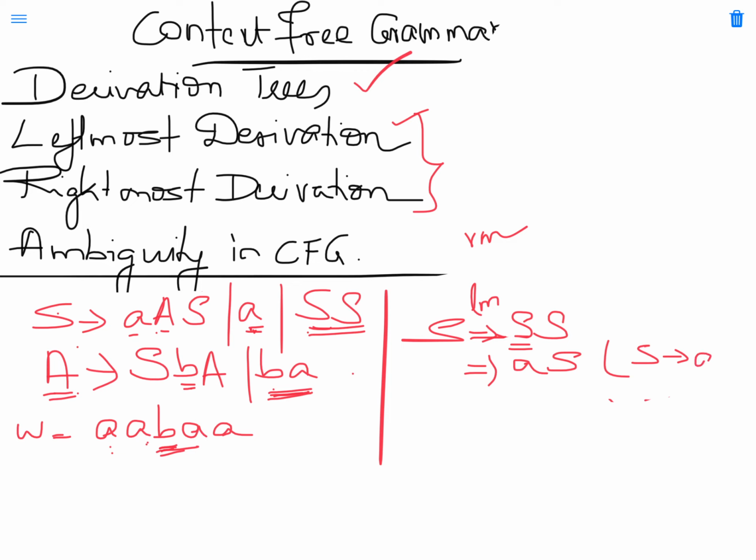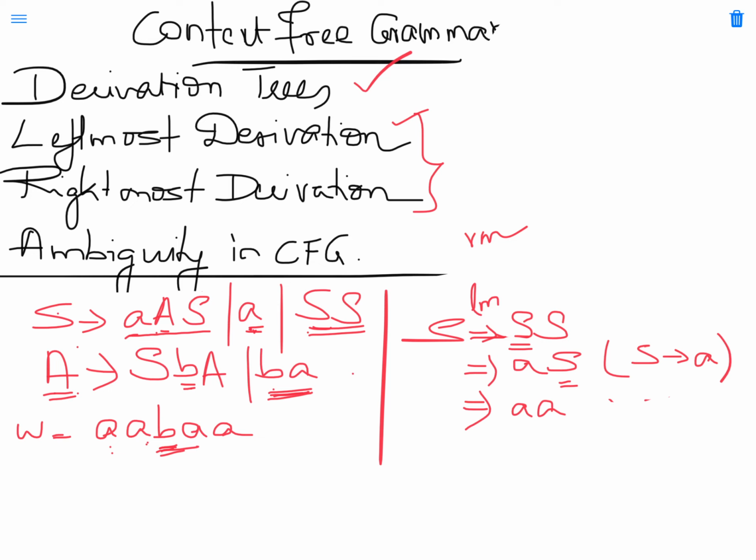S gives A. Now again you have to take the leftmost non-terminal. Here only a single non-terminal is there, that is S. I have to replace this S with one of the right-hand sides. If I take A, it will derive the string AA.